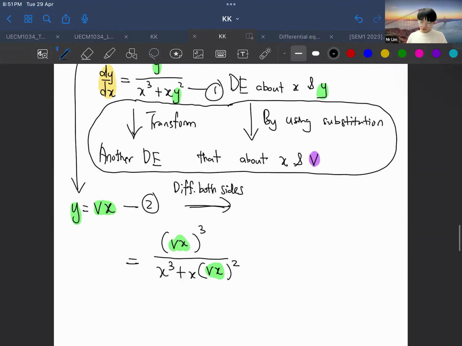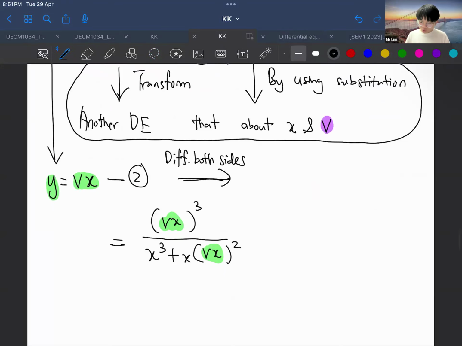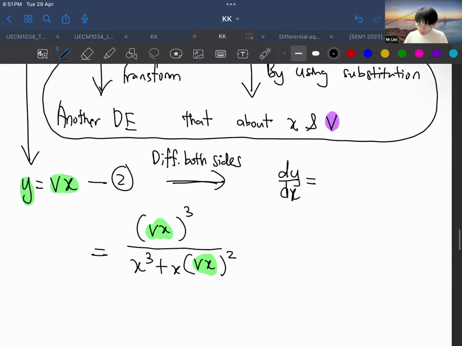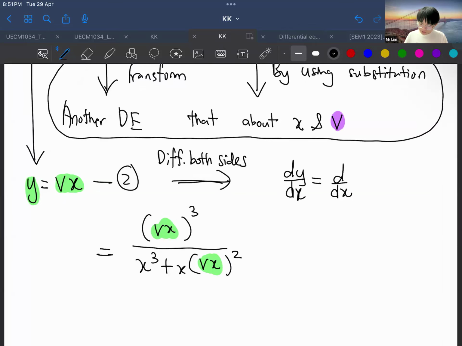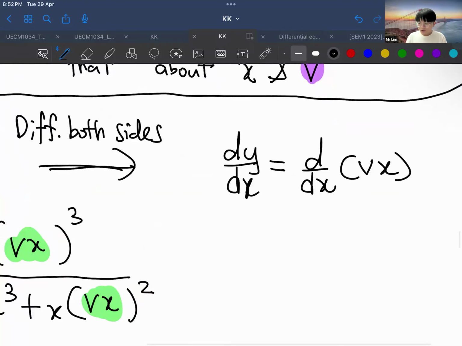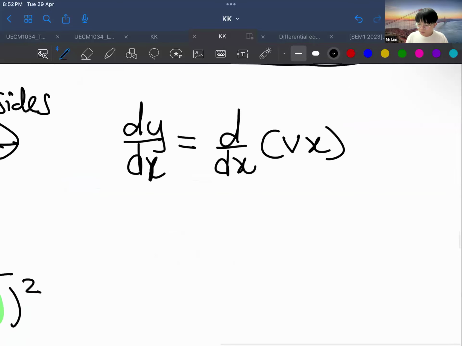If I differentiate my equation number 2, dy dx is now on the left-hand side, and then what is on my right-hand side? Be careful, because now I'm doing d dx. If I differentiate vx together, it's a product, so I'm using the product rule, a very simple product rule.